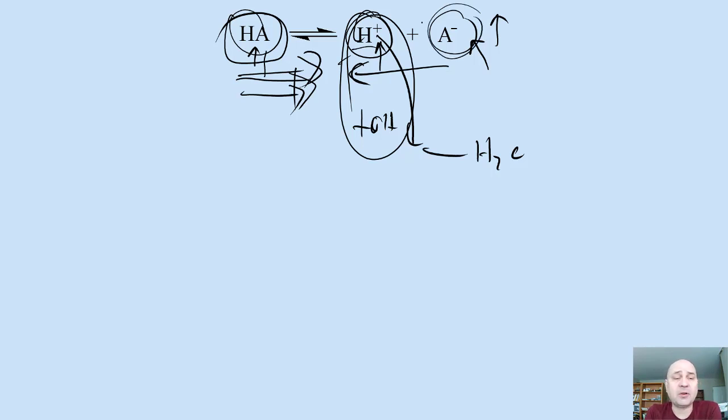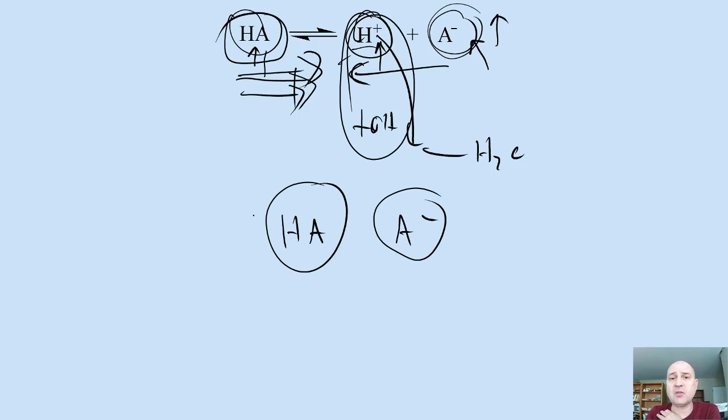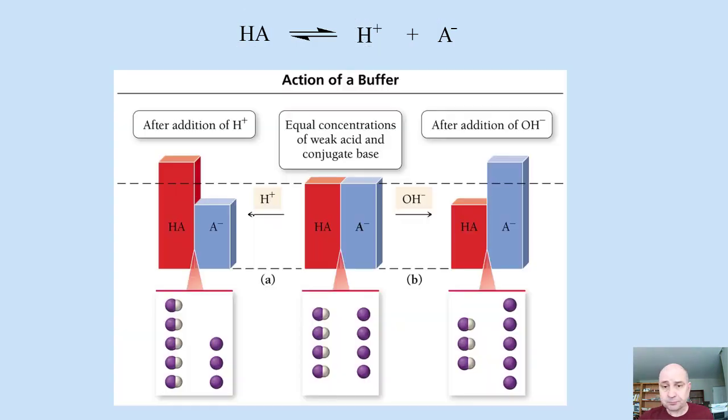So a good buffer will have an increased concentration of HA and A minus. If you have large amounts of each of these, and the larger those amounts are, the better the buffer. Okay. So this is just a cartoon illustration of a buffer here in the center, and then what happens to each of the concentrations of the conjugate base and the acid as we add acid and base.